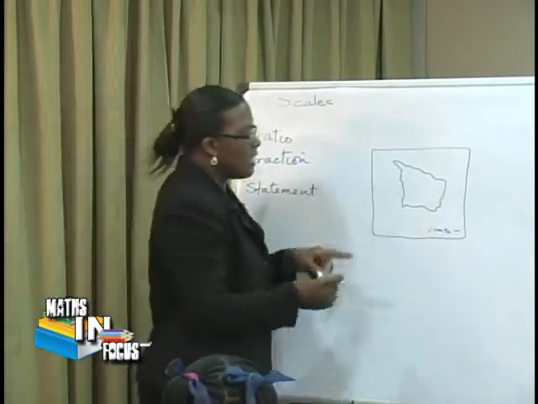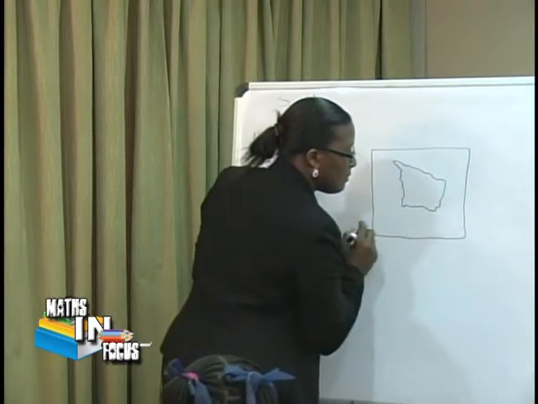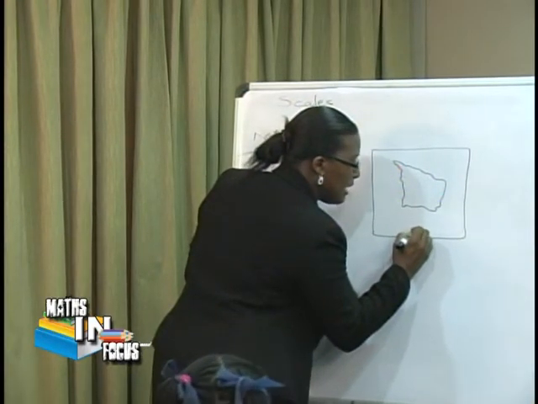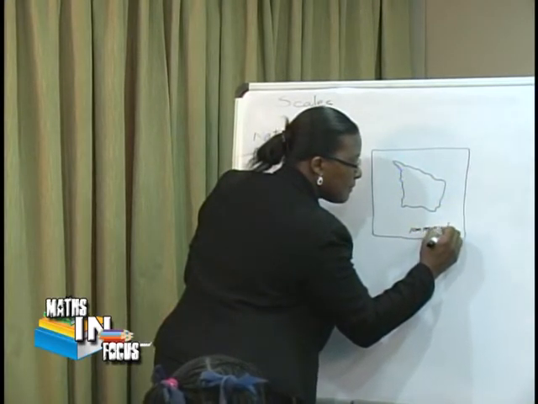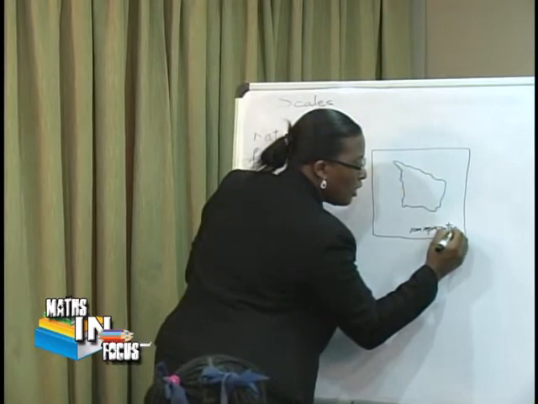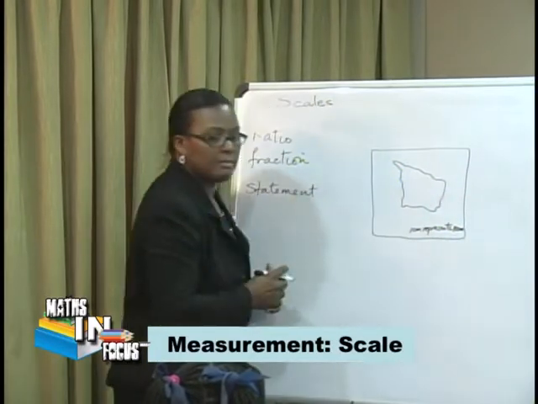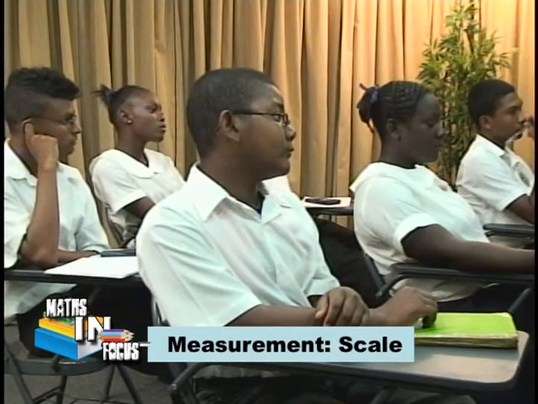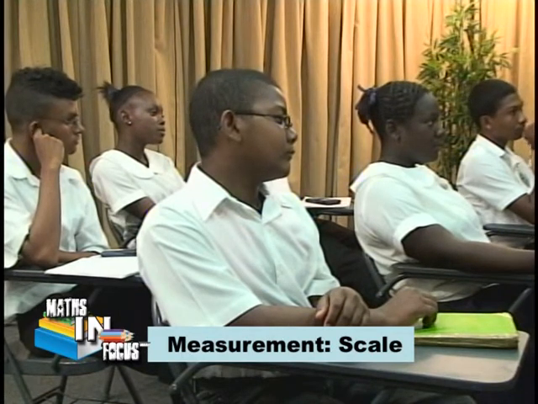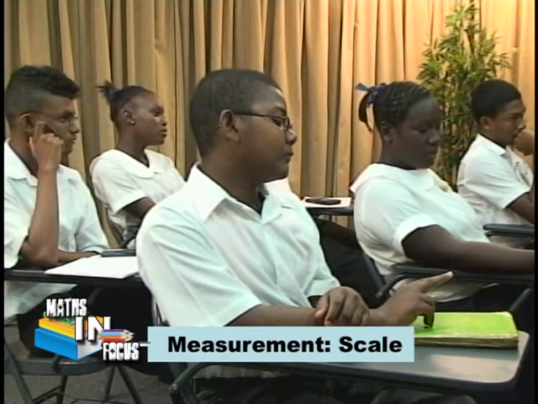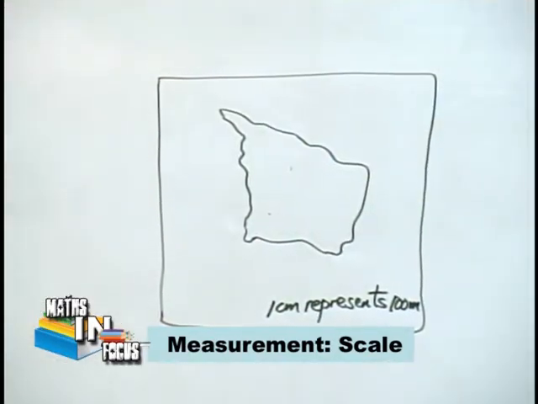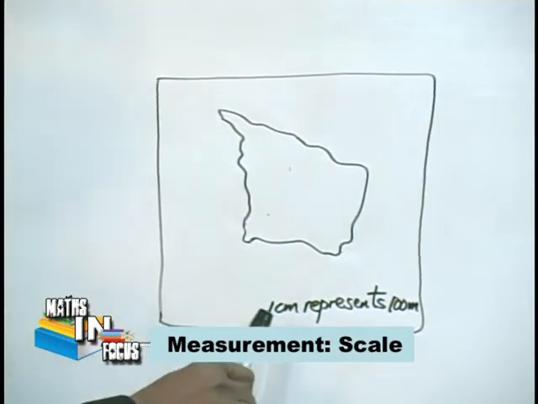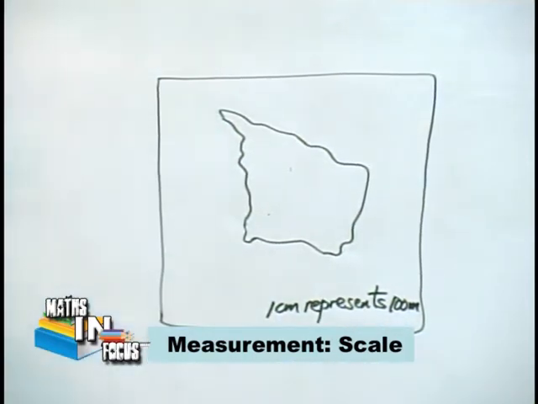Now let us use this diagram again as an example. We say 1 cm represents 100 meters. That's our statement. If we want to take the statement and write it as a fraction or in ratio form, the first thing we've got to do is make sure that our units are the same.